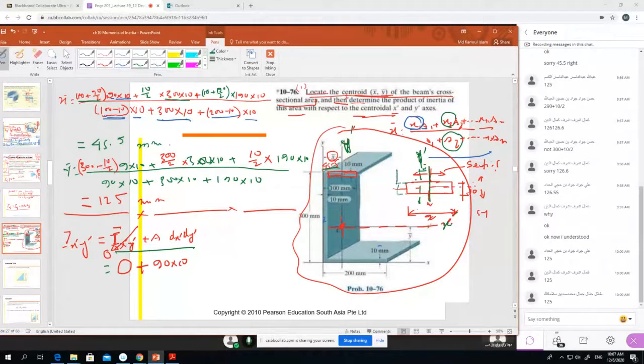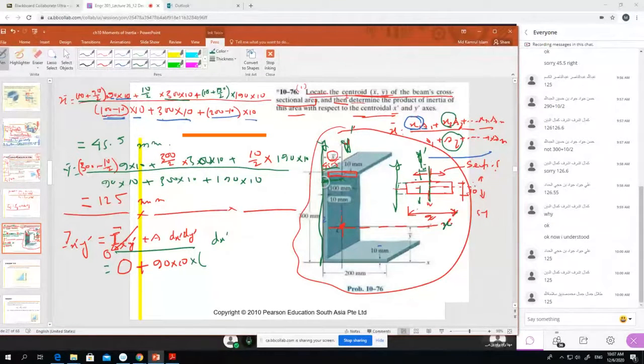And here is our original y. If I go back to here, this is our y, and the distance from here to here is how much? This is 10, and this is 90 by 2. So dx prime equals, we will do it.